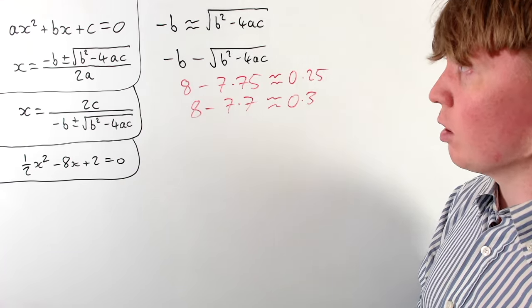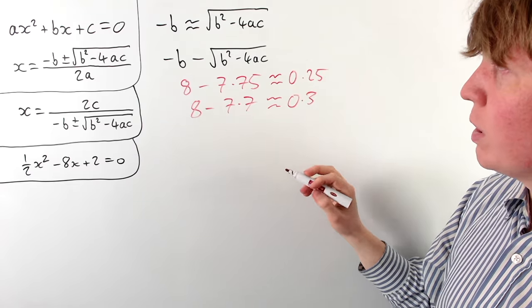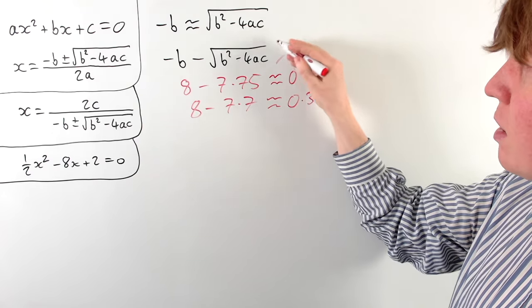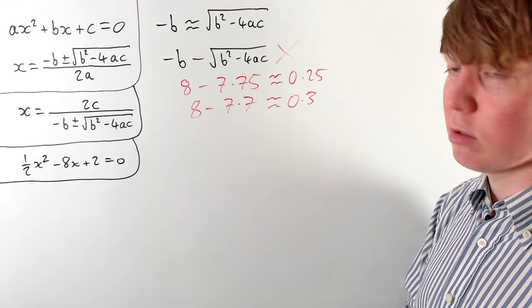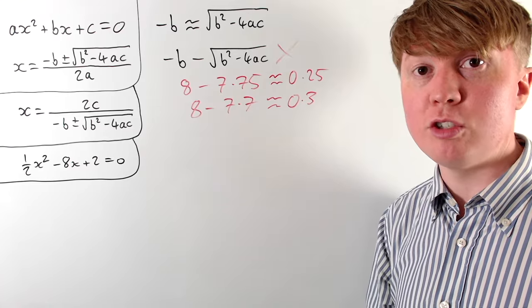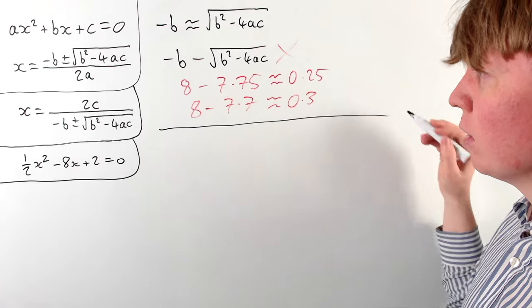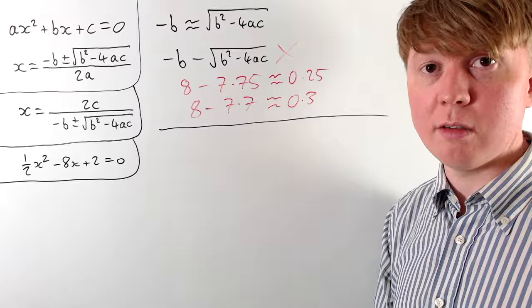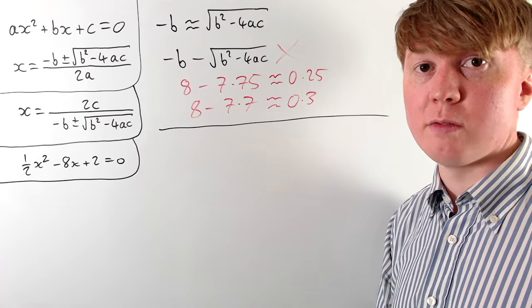So this is saying that minus b minus the square root of b squared minus 4ac isn't going to be very reliable to use, and we want to try and avoid that. This is where we can take advantage of having two different quadratic formulas. The two quadratic formulas give us two different expressions for each of the roots.